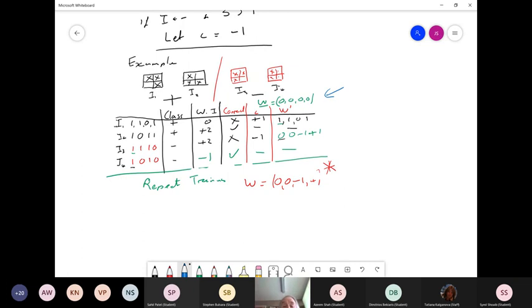And the thing to note on this table is that what is going on here in this column is a vector multiply. And what is going on in the update is a vector add.